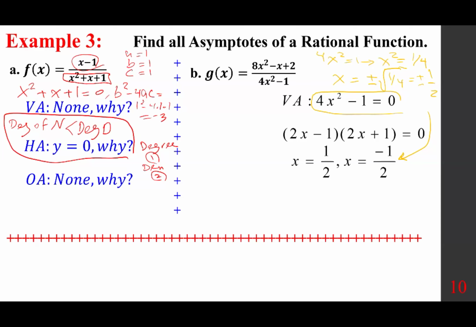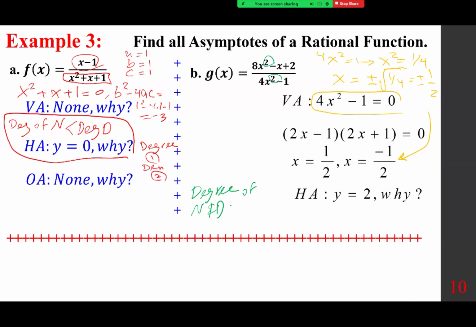What about the horizontal asymptote? It's equal to 2. Why is that? The degree of the numerator is 2. The degree of the denominator is 2.